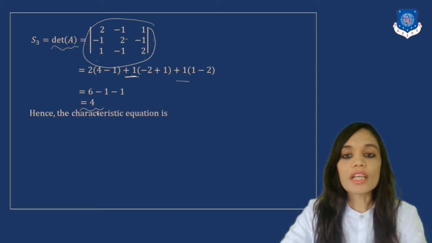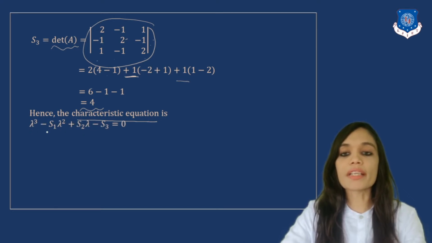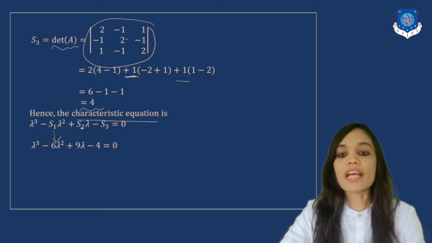Okay. So now let us substitute the values of S1, S2 and S3 in our characteristic equation, which is given by lambda cube minus S1 lambda square plus S2 lambda minus S3 equals 0. So now let us put the value of S1, which is 6, S2 is 9 and S3 is 4. Finally you will get your characteristic equation as lambda cube minus 6 lambda square plus 9 lambda minus 4 equals 0.